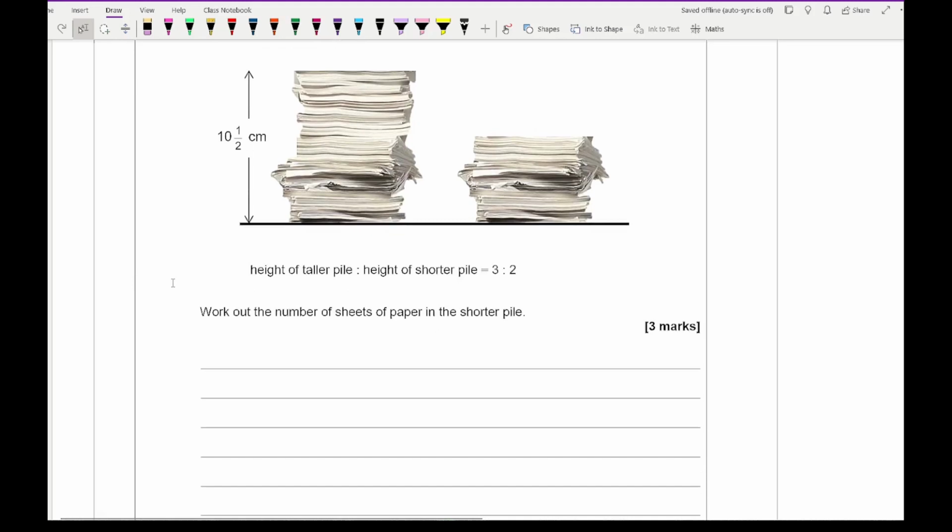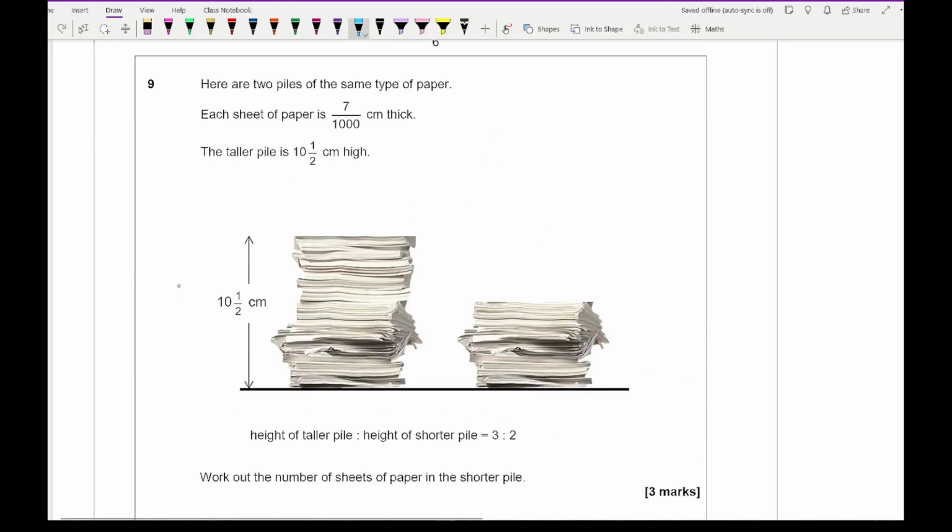So for this, what we need to do first is convert this to 0.007. And then first of all, divide 10.5 by 0.007, and that gives me an answer of 1500 sheets in the tall pile.